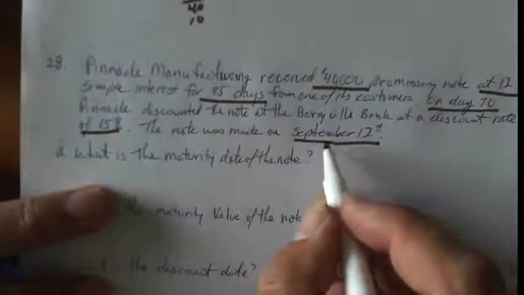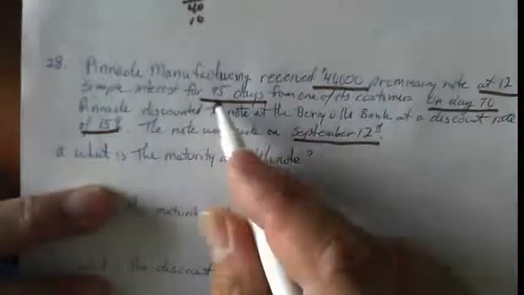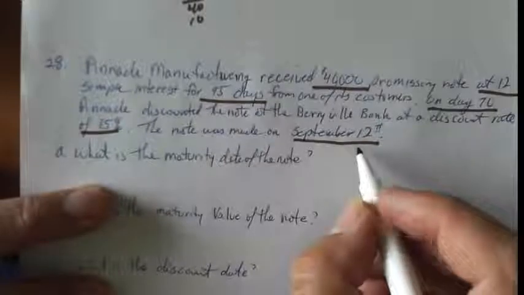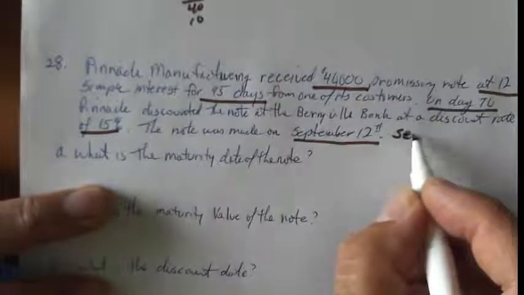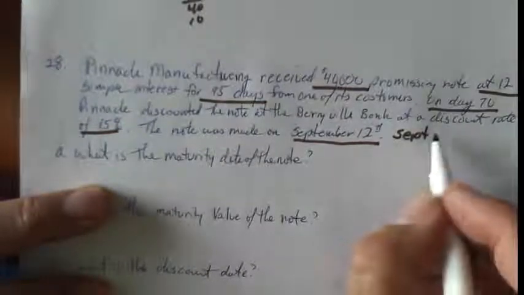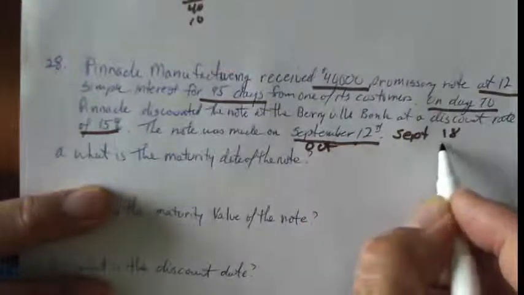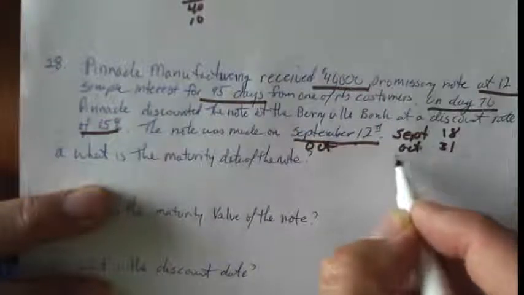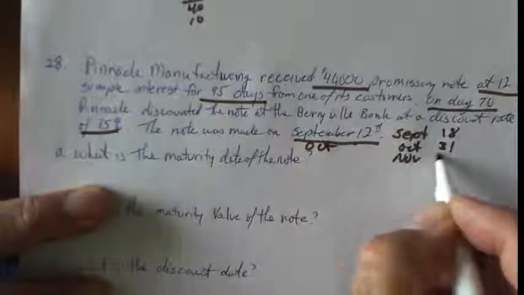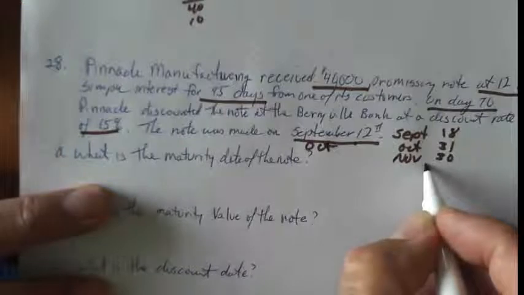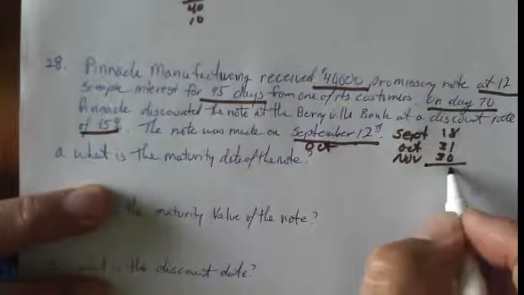Well, it starts off on September 12th, and it's good for 95 days. So we just start going down. So September, looks like we have an additional 18 days there. October, it's going to give us 31. November, 30. So we're getting close there. So let's total up what we have.